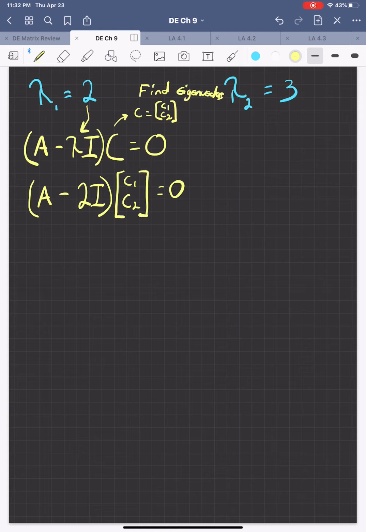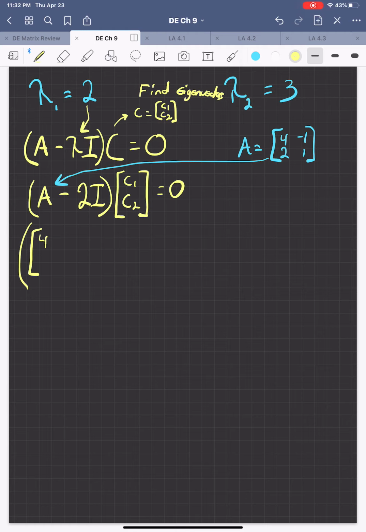Okay. So do we know what A is in this problem? Well, we do. A, we were told, was [4, -1; 2, 1]. So we're going to plug this in for A, and write 2I as a matrix.